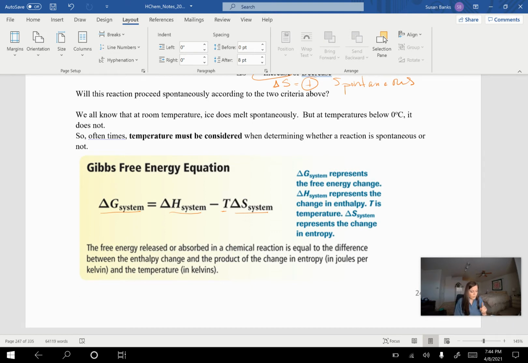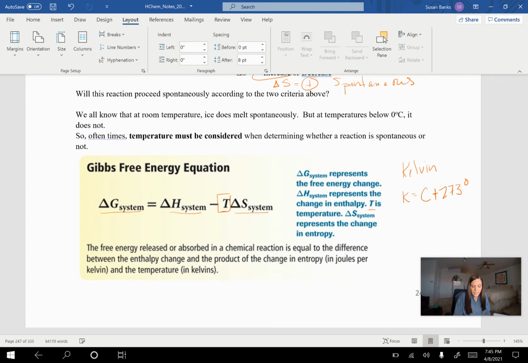So the thing that we have to be worried about, though, is our temperature. Our temperature is given in Kelvin. Now, Kelvin is a scale that we haven't really used a lot. If I want to calculate Kelvin, it's the Celsius plus 273 degrees.